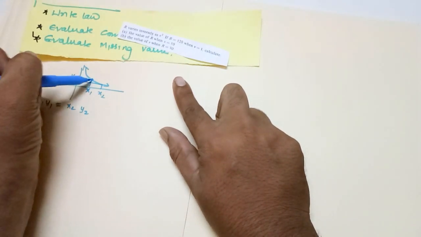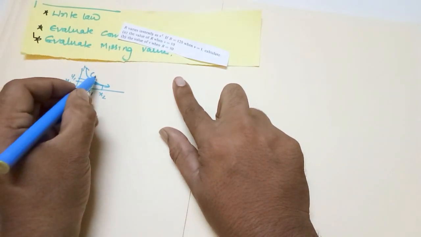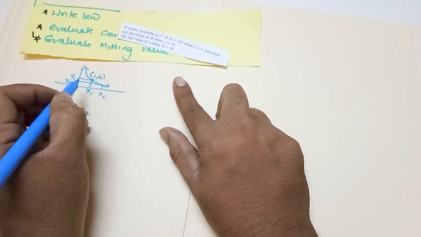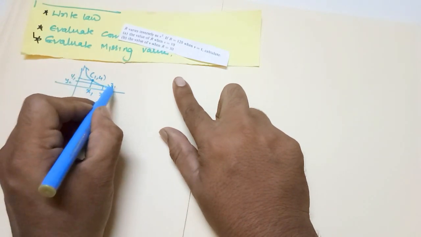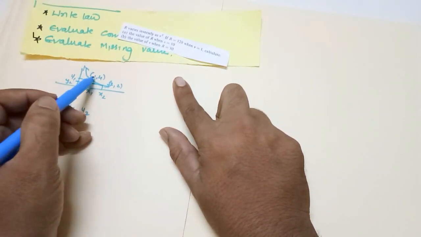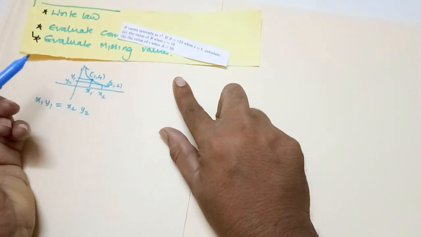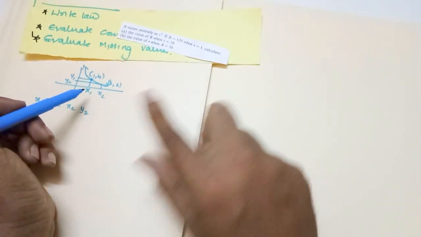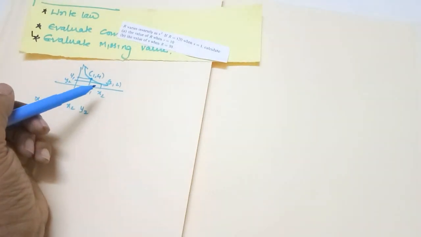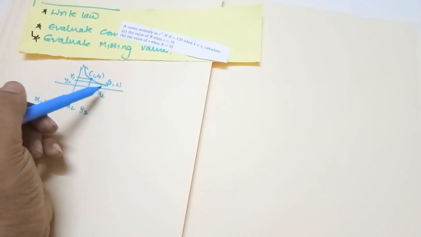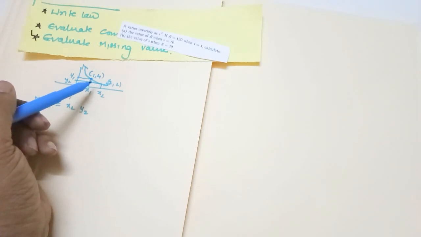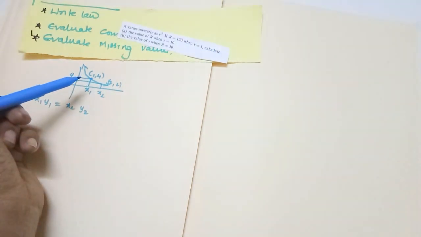For example, if I plotted the points (1, 4) and (2, 2), and I multiply 4 times 1 and 2 times 2, both come out the same. It means they are inversely proportional to each other. That's the most important requirement for inverse proportion. Any graph that looks like this need not be inversely proportional. This is the basic fundamental that is required.